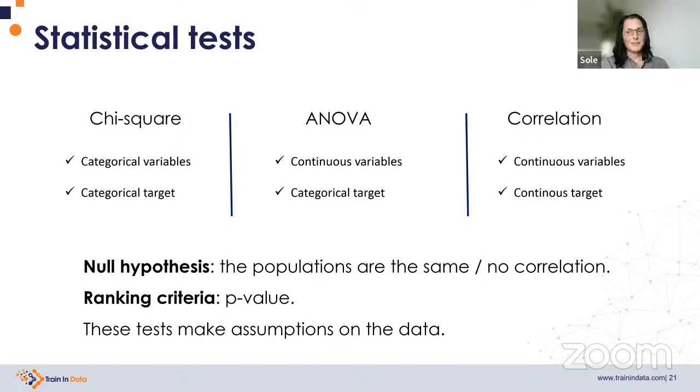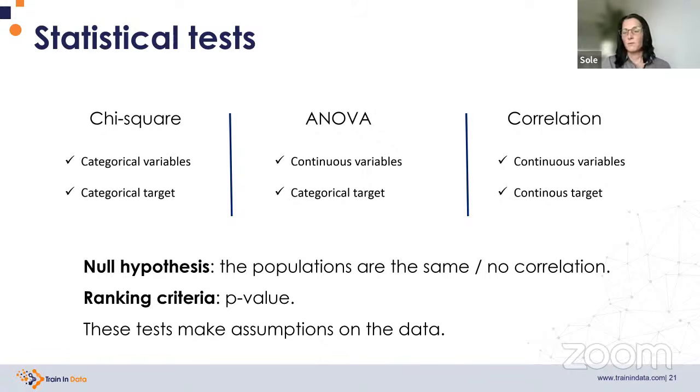All statistical tests basically test the null hypothesis, which is the negation of the difference. In the case of chi-square and ANOVA, they are going to test the hypothesis that the distributions of the variables are the same across the classes of the target. And correlation is going to test the null hypothesis that there is no association between the variable and the target.